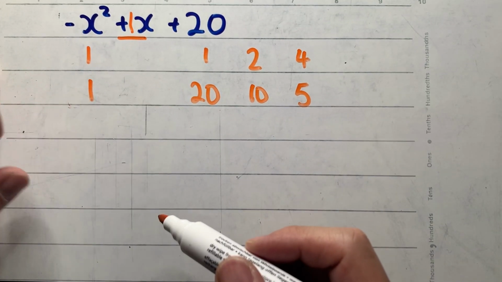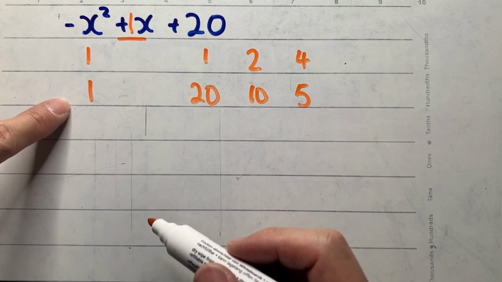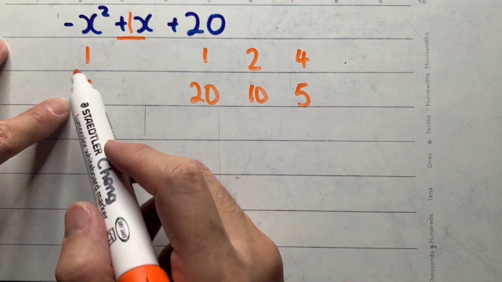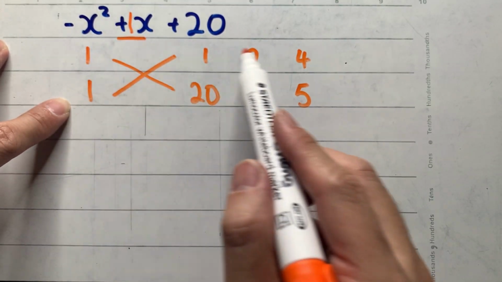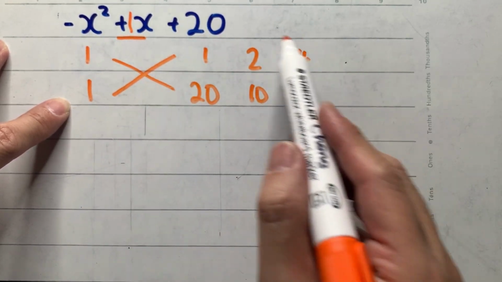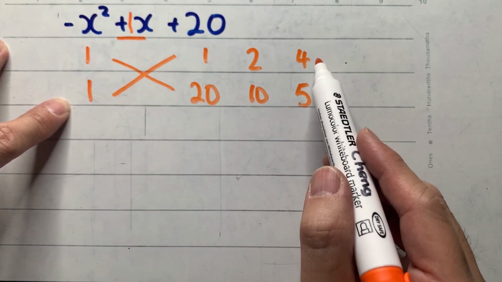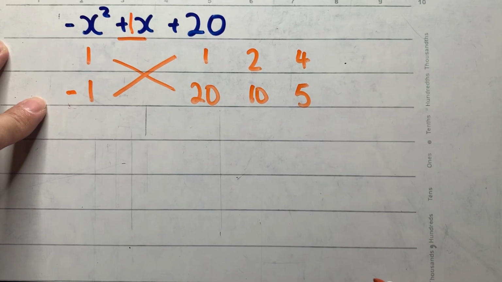So when you're assigning the -1, you can assign it to the top or assign it to the bottom. But when we diagonally multiplied, we want to get to a positive number, which means the smaller product should be negative. So that's why we're going to put the negative sign down here.